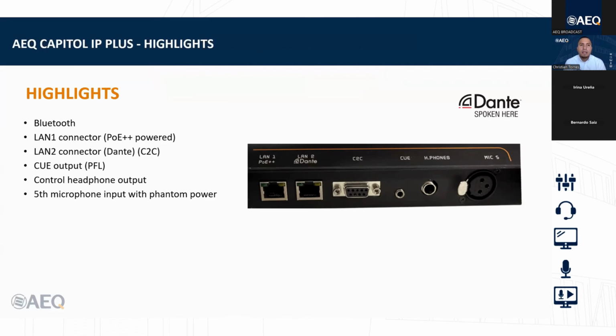For example, it's possible to connect a mobile device to transmit your music and calls in the radio station signal, and it has two RJ45 LAN ports, one for Dante and one for LAN control or communication control. It has a Q, PFL, and control headphone output, and the principal feature, 5 microphone inputs with phantom power.